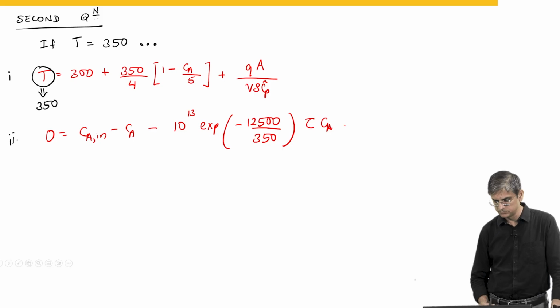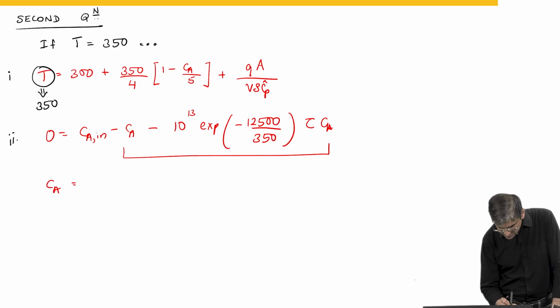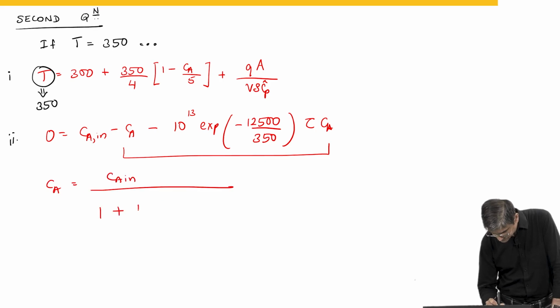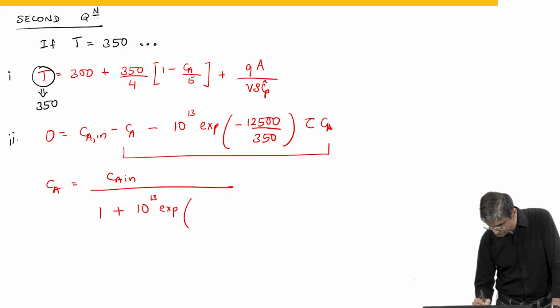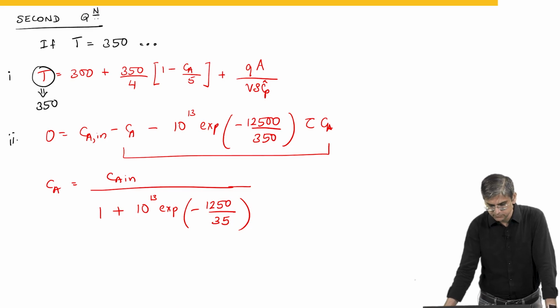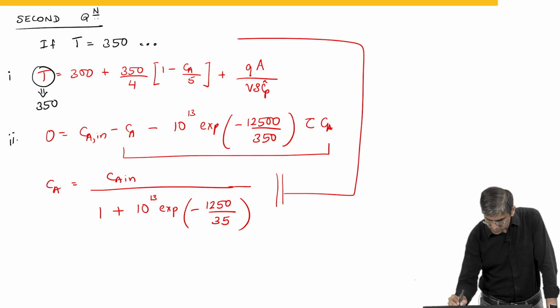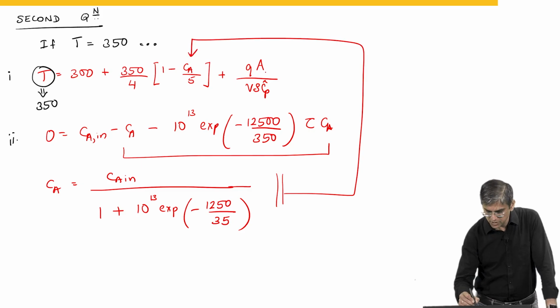So if you take a look at this, you are going to get CA equal to CA in, this is going to be a CA, okay, and you substitute this CA over here, you will get the value of your QA.